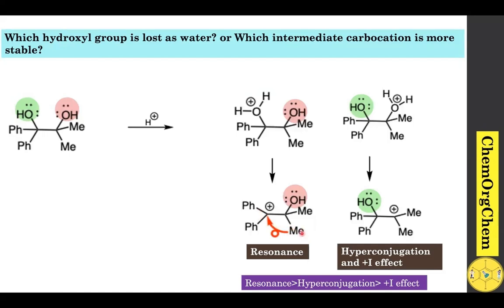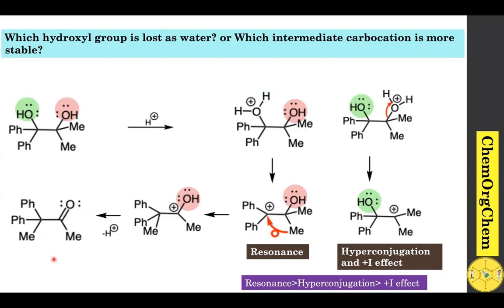That means the methyl group migrates towards this carbocation center, generating this new carbocation center. This carbocation, as we already saw, is stabilized by resonance, followed by elimination of H plus ions that generates the corresponding ketone product.